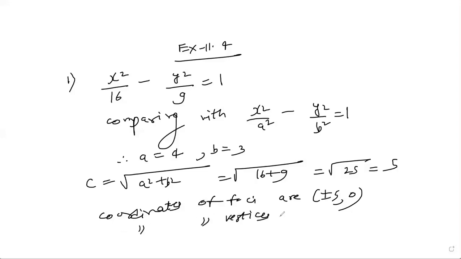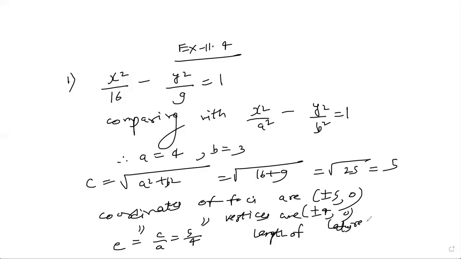With respect to a, it's going to be plus minus 4, 0, right? Next, they're asking eccentricity. Easily, it's c by a. So that means it's going to be 5 by 4. And then finally, the length of latus rectum, as we know the formula, so we are just going to substitute in that.